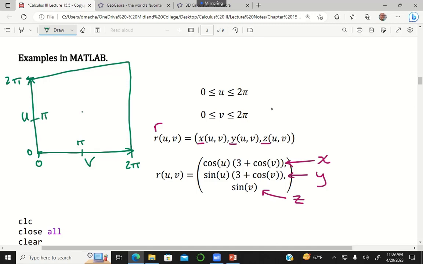And I think about this being a little flat piece of square fabric. Like this point on the fabric has the coordinate pi comma pi because the u is pi and the v is pi. But anywhere on this sort of square piece of fabric, you could assign a u coordinate and a v coordinate.